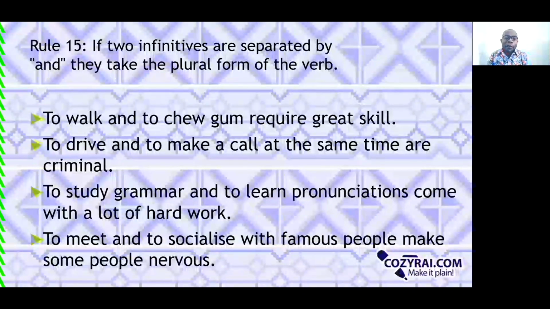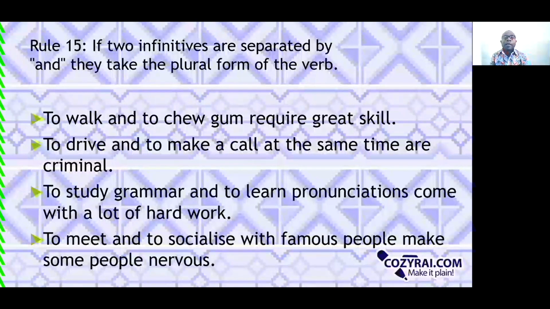Rule number 15. If two infinitives are separated by "and," they take the plural form of the verb. So if you see two infinitives, when we say infinitive, they begin with the preposition "to."